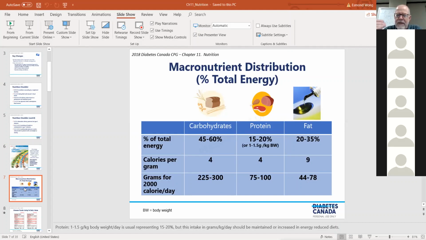And that fat should be mostly healthy fats. And those healthy fats are? Healthy fats are unsaturated. And what would be examples of unsaturated fats? Olive oil, canola oil, avocado oil.